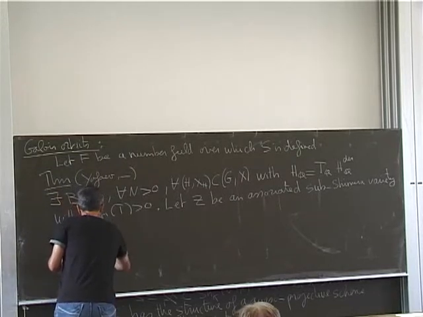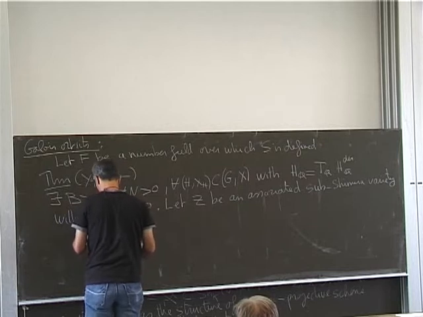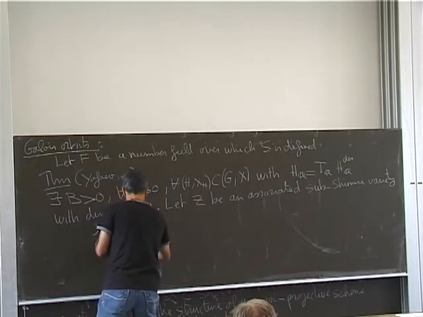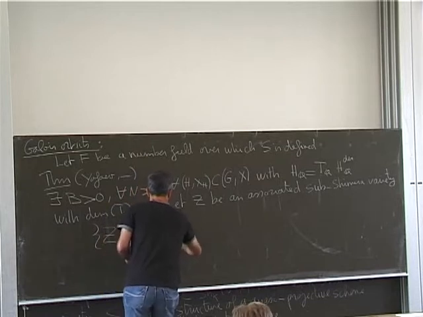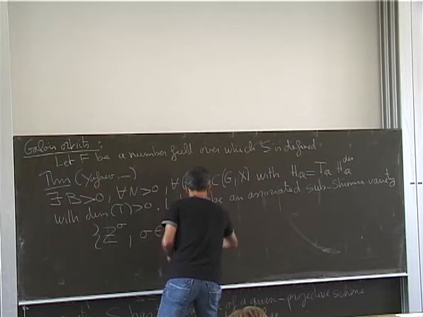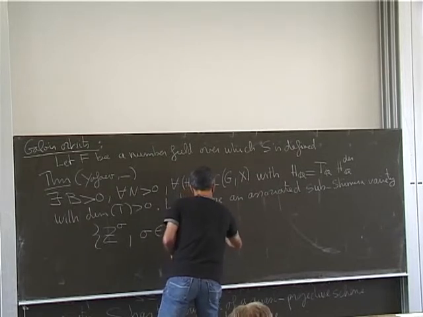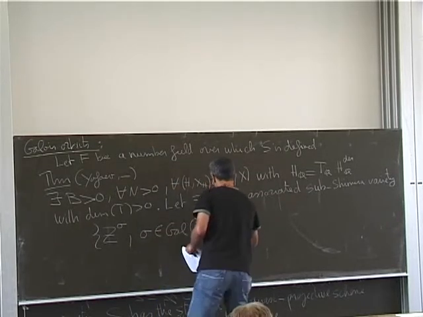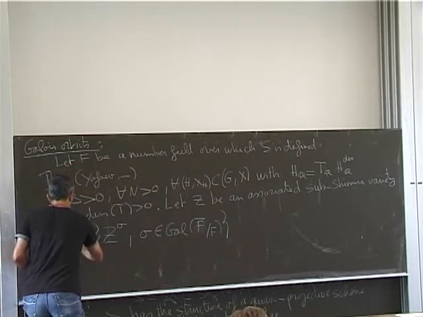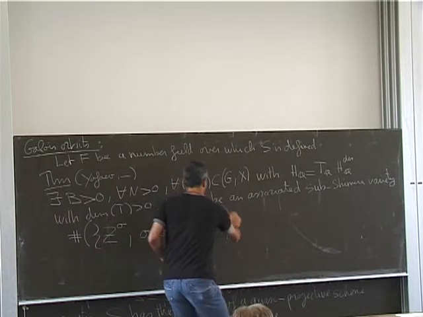I take the set of Galois conjugates of my component, and I want to understand the number of components of such a thing.